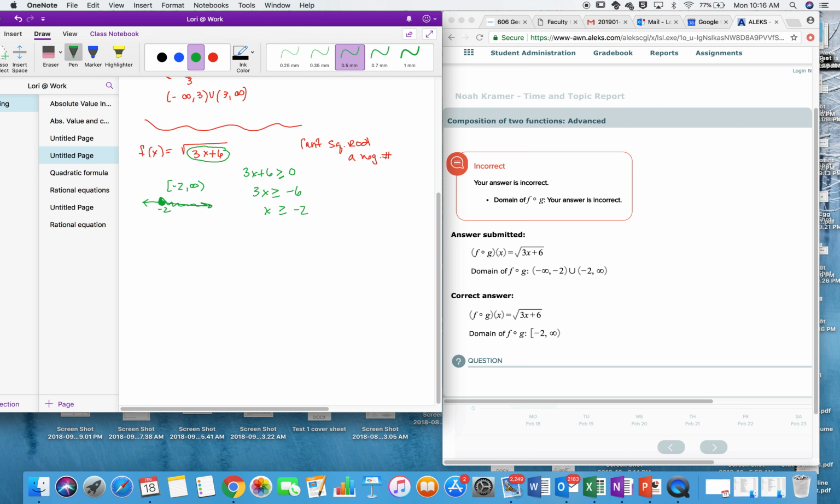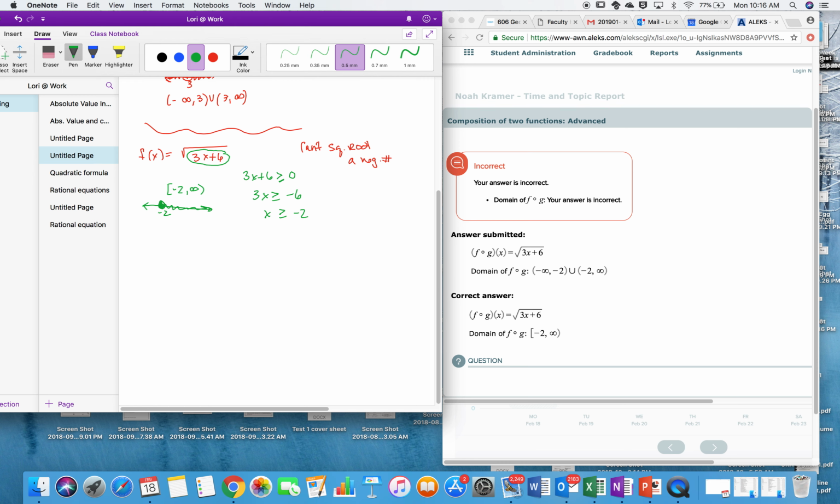So now you had mentioned in your email that you're a little bit confused between greater than or equal to, or strictly greater than. So let's say the function that you came up with was something like 2x plus 1 over, let's take the same square root, the square root of 3x plus 6. Now I have a fraction, so I have two different things going on here.